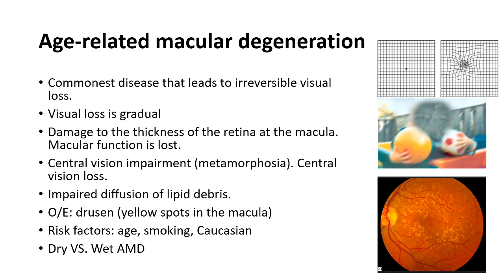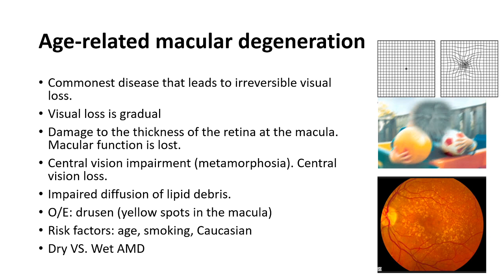There is damage to the thickness of the retina at the macula, and this causes distorted central vision. This can also be called metamorphopsia. Later on, there is progression to loss of central vision.